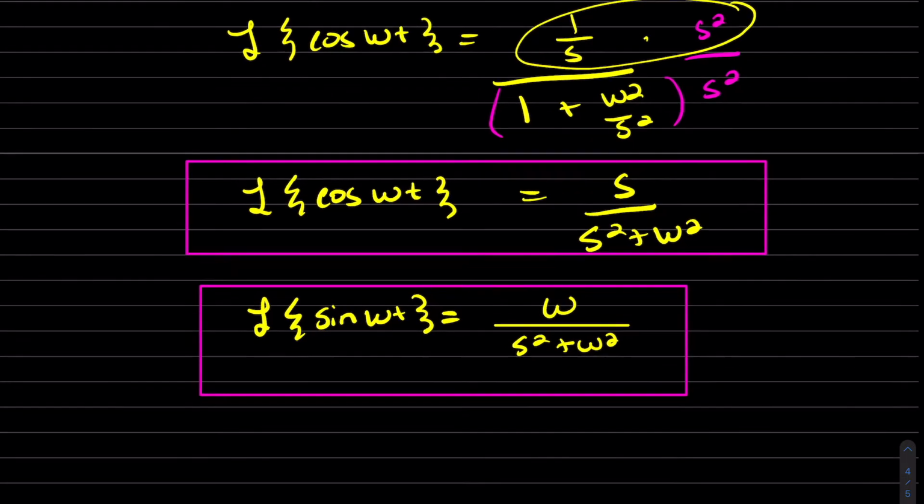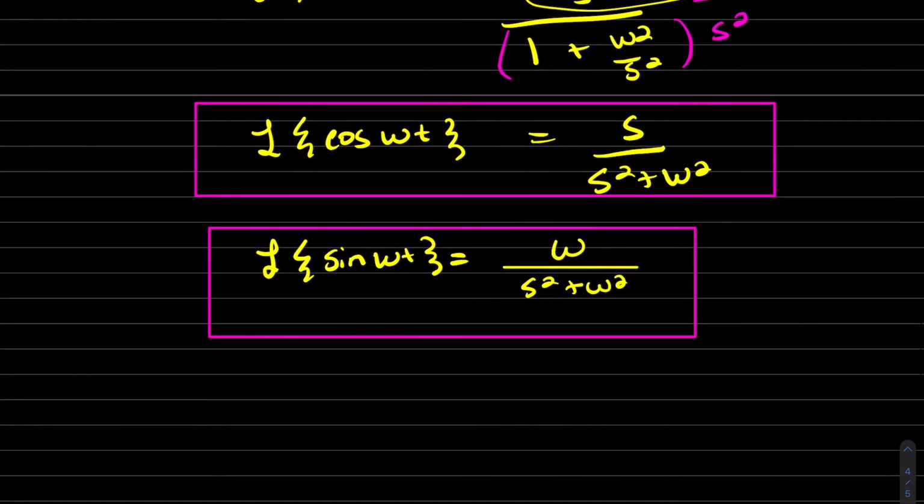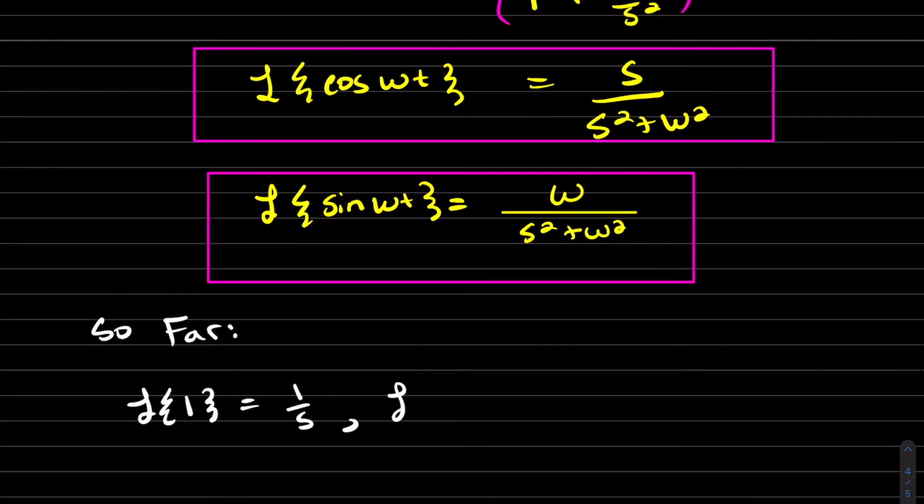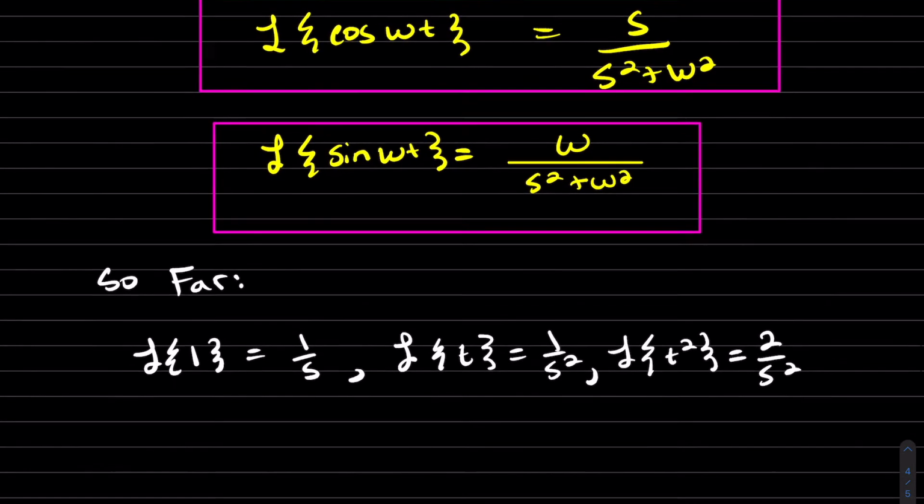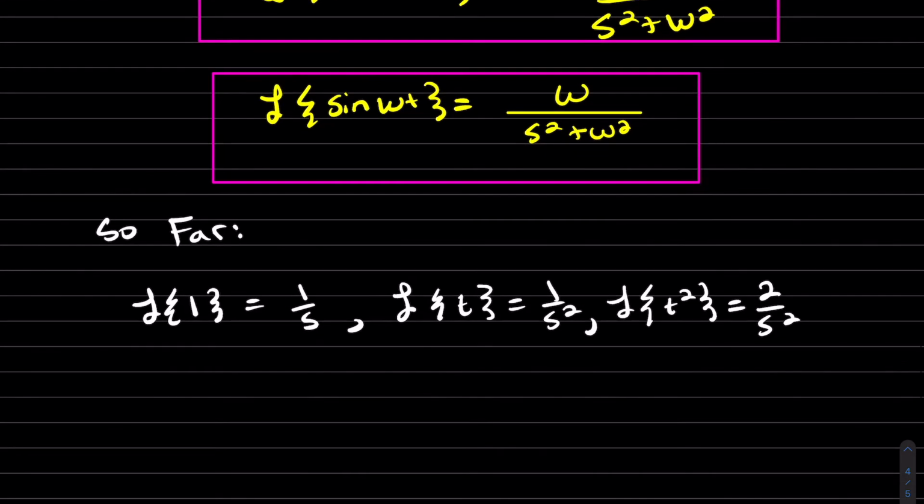So let's write out what we have so far. I think you should memorize all of these, but then go have it in general too. So all of them fit this pattern, by the way. That's a 2 factorial, which is 2. So it's n factorial all over s to the n plus 1.